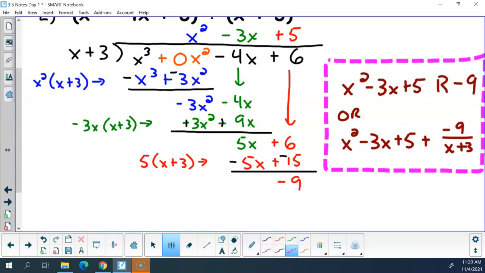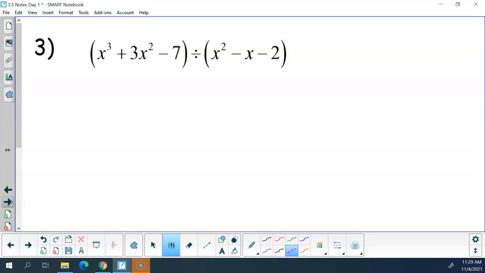What's that? X plus 3 is a linear factor. Synthetic division doesn't work on this. That's why we have to learn long division of polynomials.